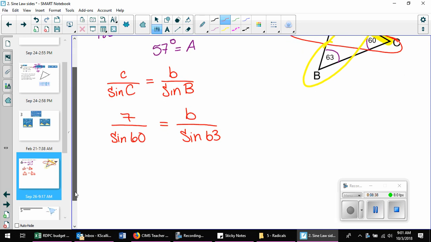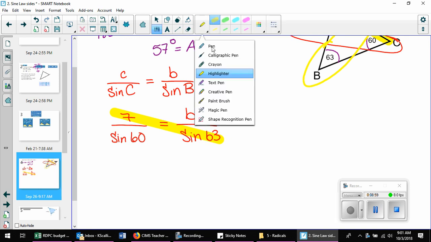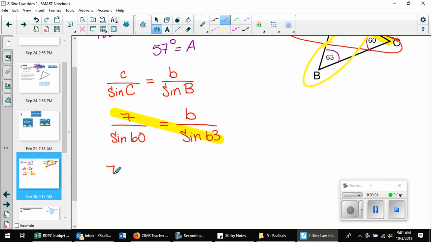Okay, so two fractions separated by an equal sign. That's what I can do. Cross multiply. We only do cross multiplying when there is an equal sign between two fractions. So I'm going to multiply those two, and that's going to give me 7 times sine of 63.